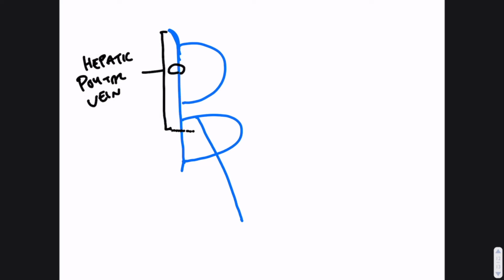I'm going to do some more separation here. Okay, so this is where our gastric veins are going to be. All right, so here I have these two circles. This is what's going to be called the left gastric vein.